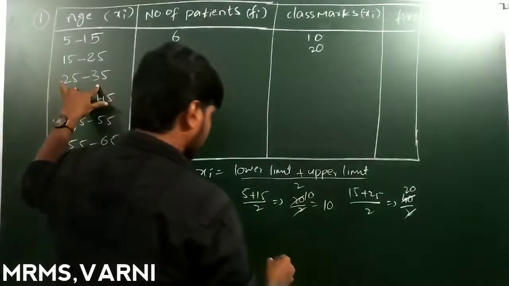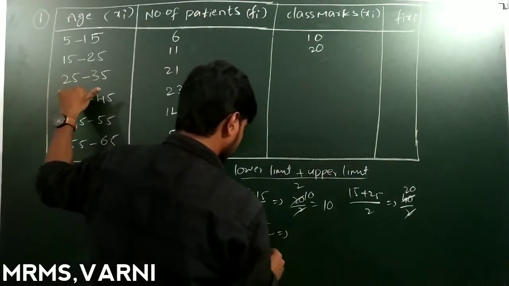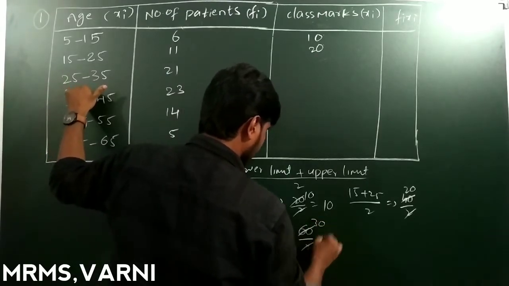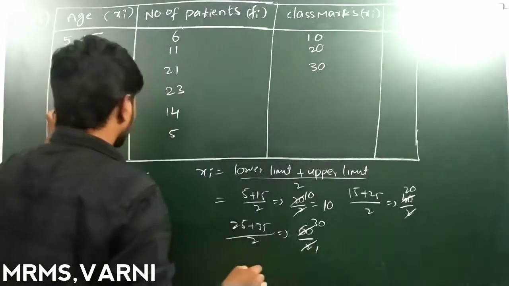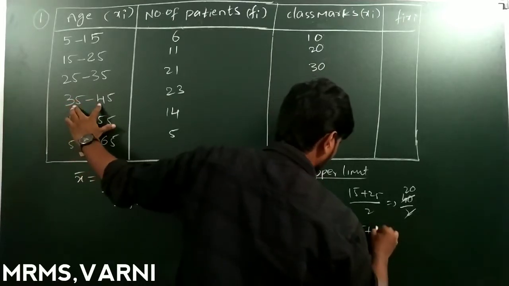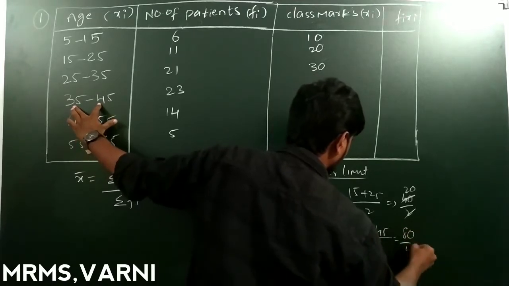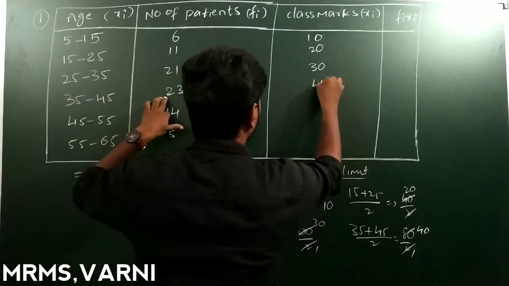Next 25 to 35. 25 plus 35 by 2, nothing but 60 by 2. 2 30s are 60. So here it is 30. 35 plus 45 by 2, 80 by 2, 2 40s are 80. Okay, here it is 40.